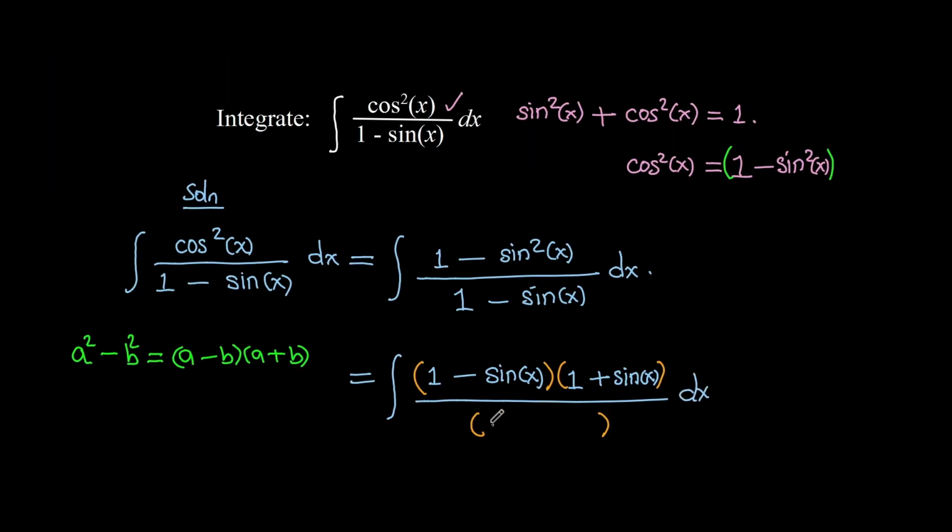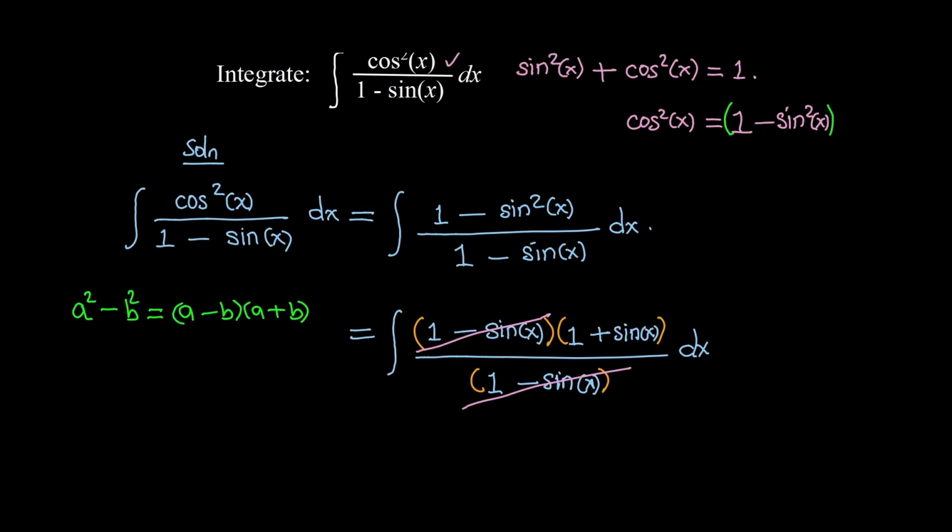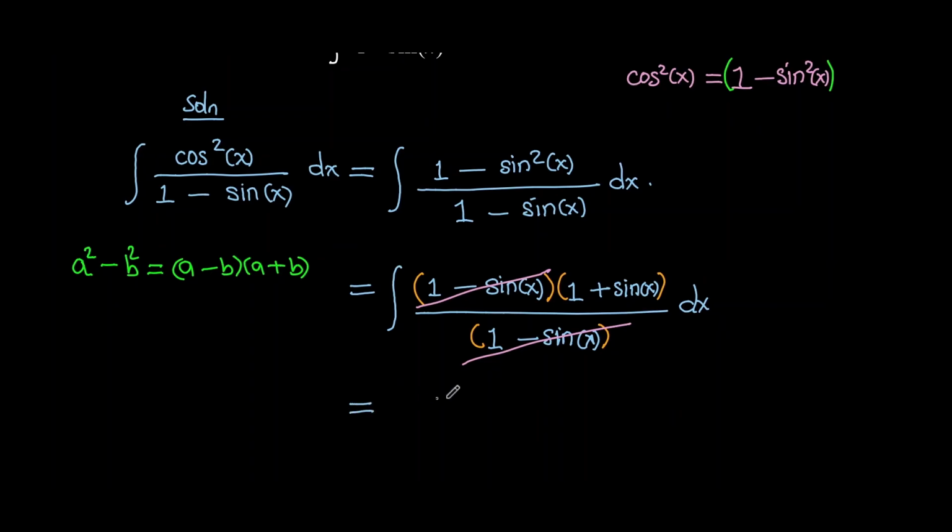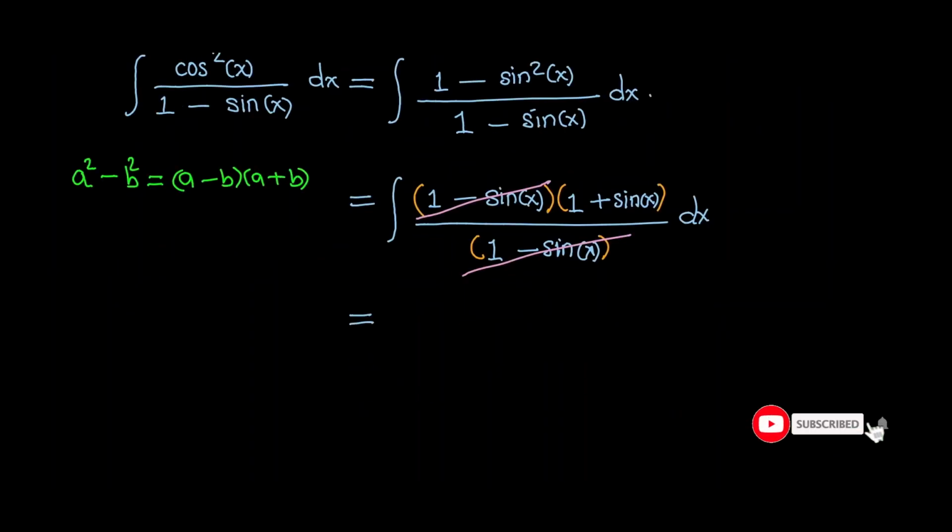Therefore, we have (1 minus sin x), and here you can see clearly that the first bracket cancels the denominator, and we are only left with the numerator over 1, and of course something over 1 is itself. So we have the integral of (1 plus sin x) with respect to x.